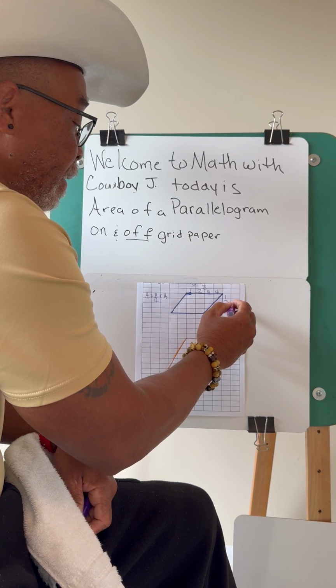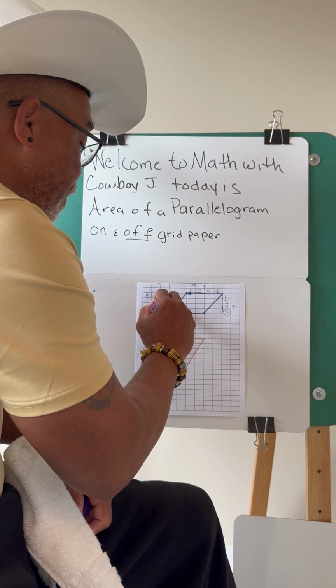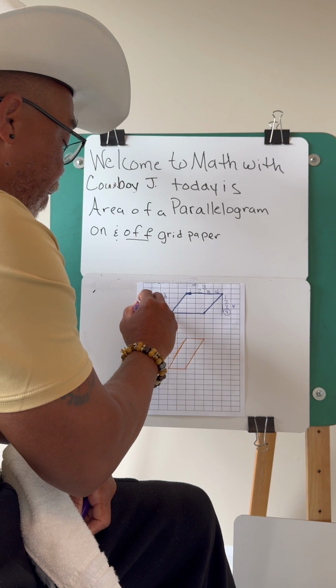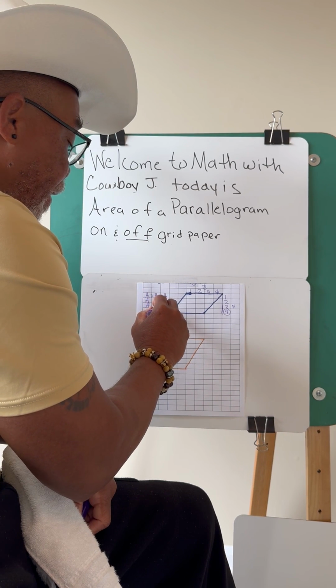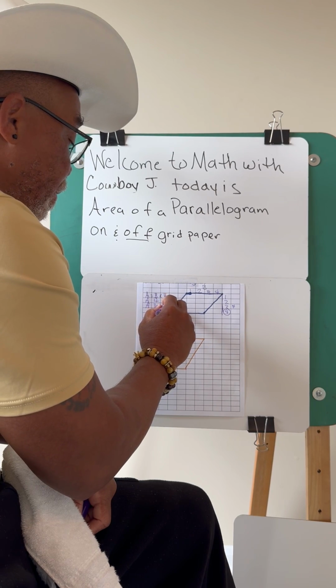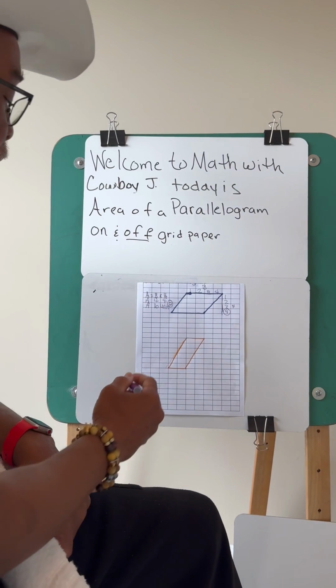So our height is 4. So area equals 4 times 4, which is 16 units squared. Let's go to our next one.